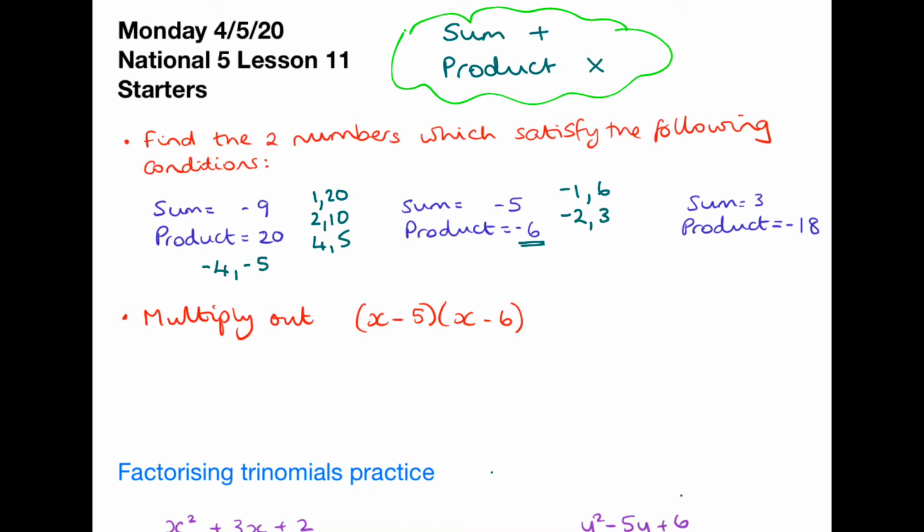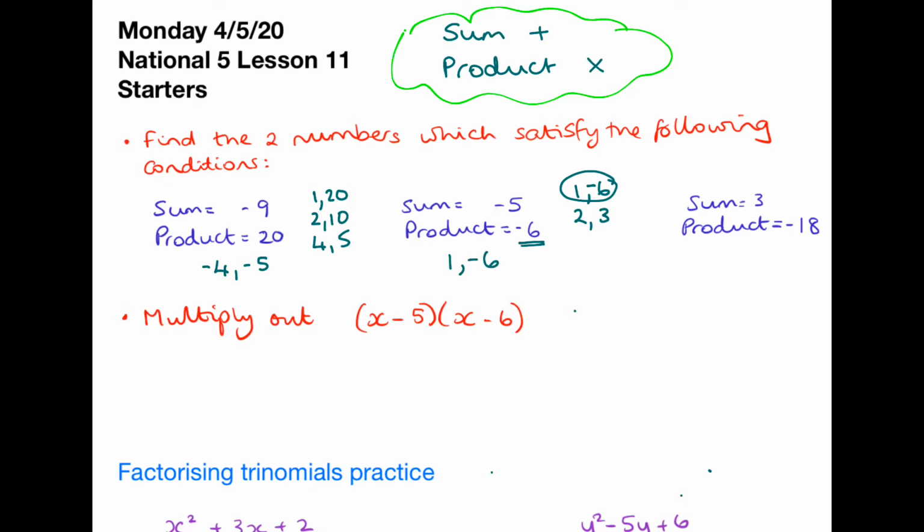When you add them together, you get +5. Okay, so if you swap the signs round, and you put the negative with the 6 instead of with the 1, then 1 add -6 is -5. So that's the pair, and the numbers are 1 and -6.